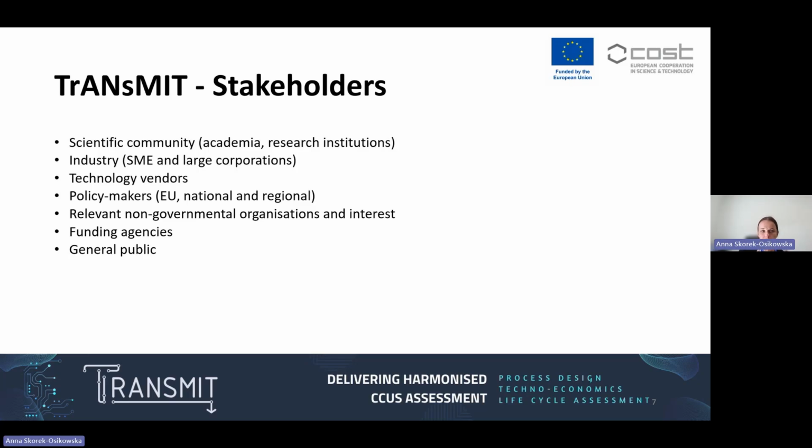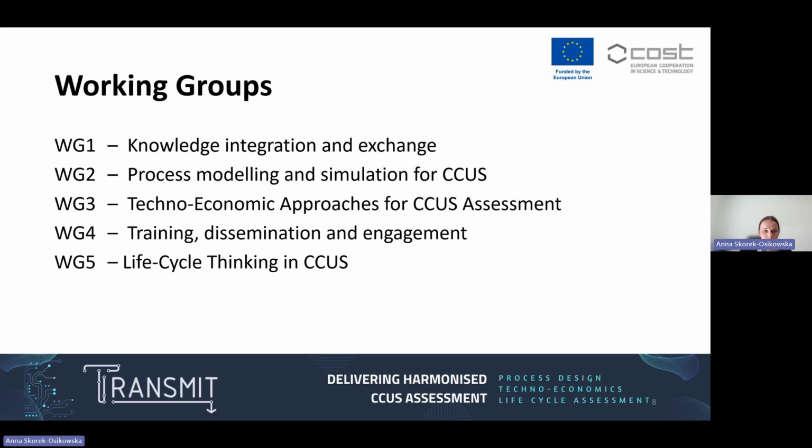We also managed to reach some level of administration, policy makers, and so on. Within TrANsMIT, we have 5 working groups, originally 4, and then we added life cycle thinking in CCUS, as we thought it is very important, together with process modeling and techno-economic analysis, making a very holistic approach. So we have 5 working groups focused on the main goal.